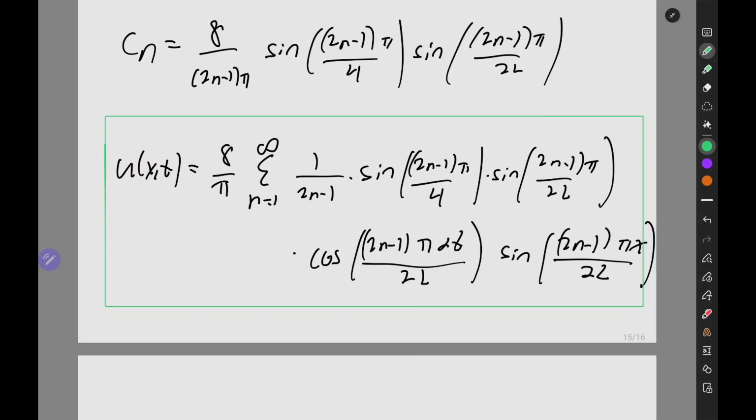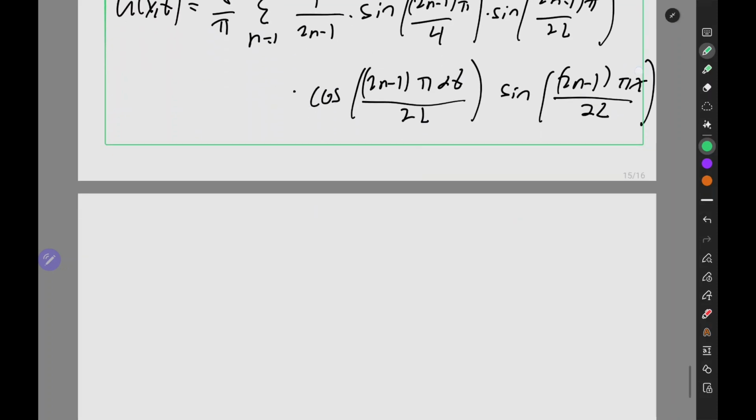But for now, hope you learned a lot about the wave equation. There's also one more thing about the wave equation. If you have time, look up the Dirichlet solution to the wave equation. It's called Dirichlet. I think I spelled it right.